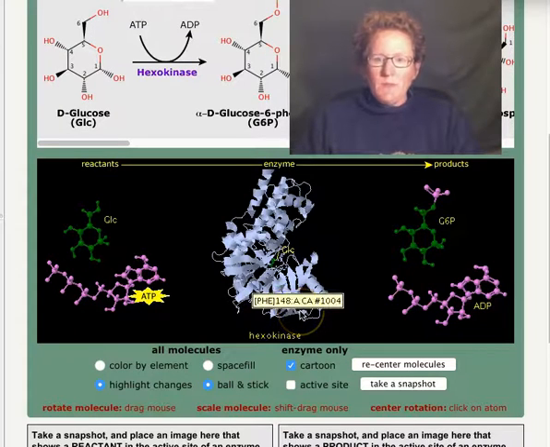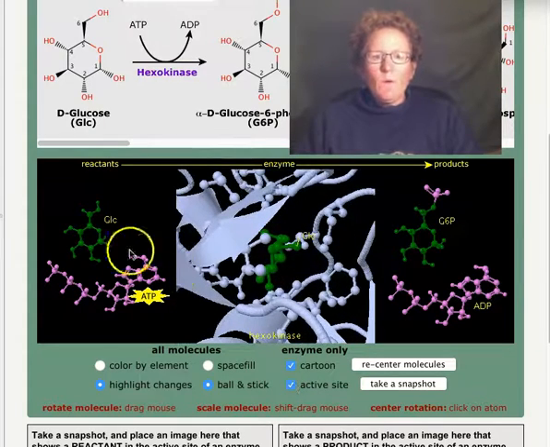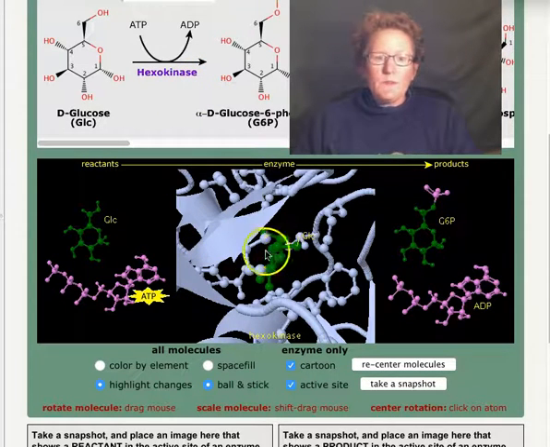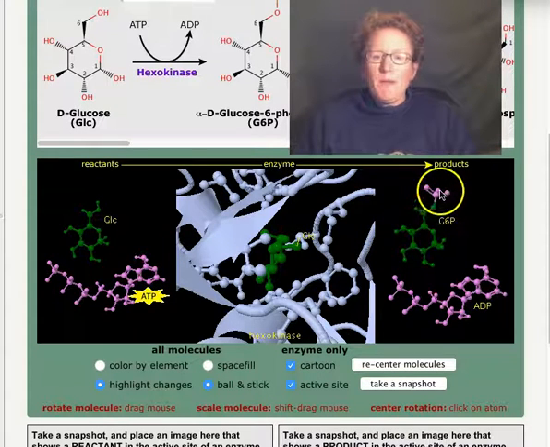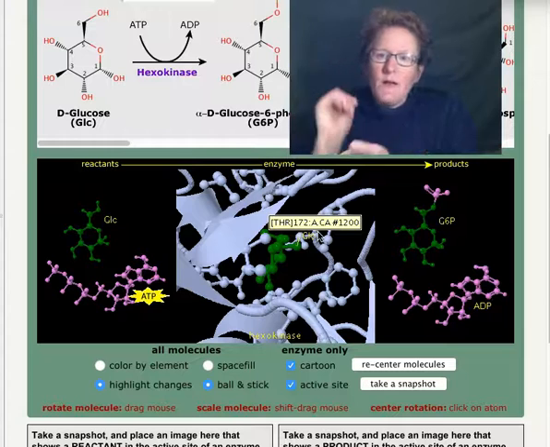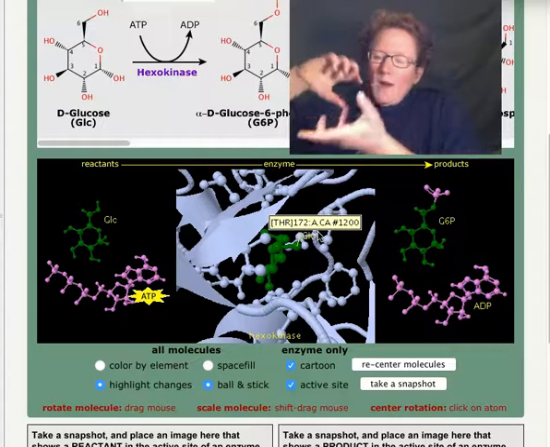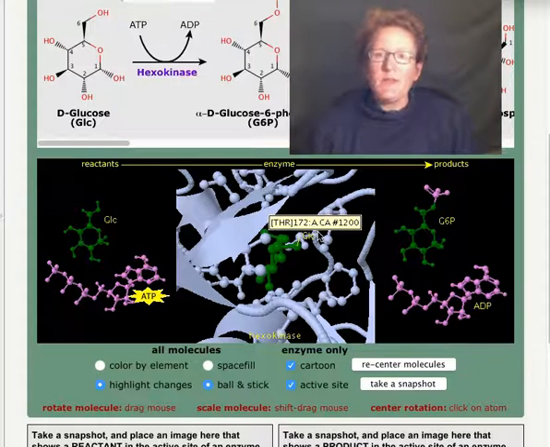And if we zoom in, so we are looking at the active site where it holds glucose here, this enzyme hexokinase is going to hold glucose so it can react with the ATP to pick up an extra phosphate here. So the enzyme is very important in holding the molecules in a particular conformation, in a particular relationship to each other, so that they can react. And that's how they catalyze the reaction. They make the reaction happen faster.